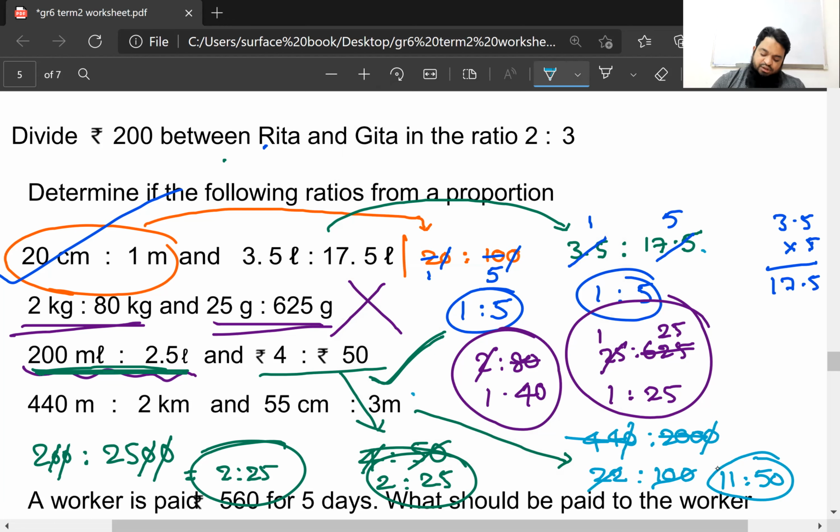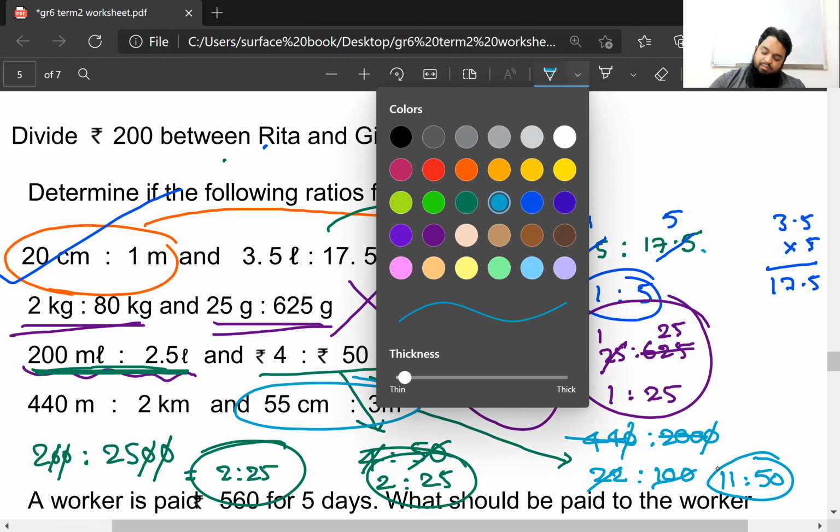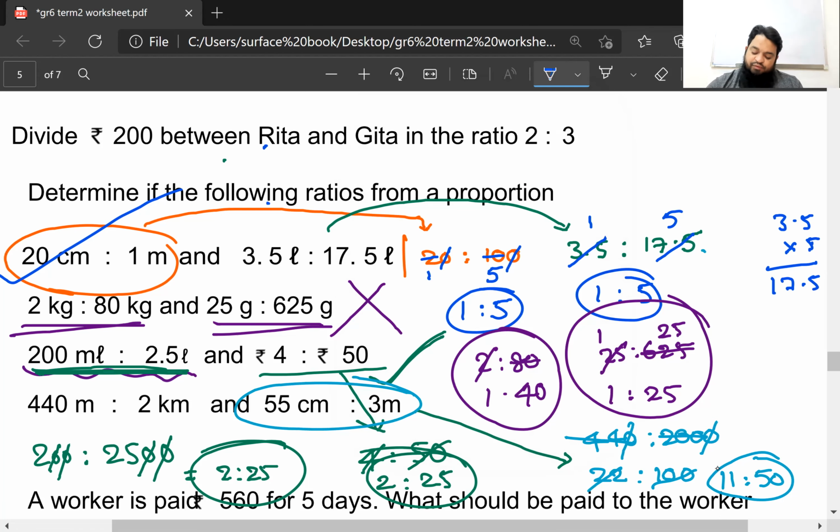Let us see the next one. So what is the next one? I'm doing it with dark blue. Okay, 55 centimeters is to 3 meters. Say in 1 meter, how many centimeters are there? 100. So 3 meters means 300 centimeters.